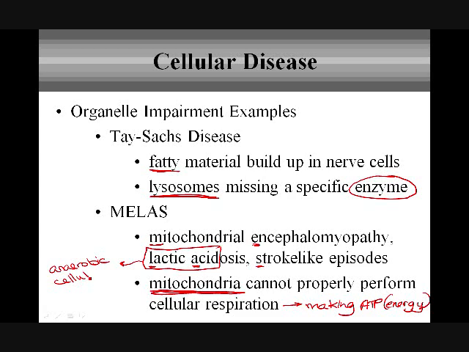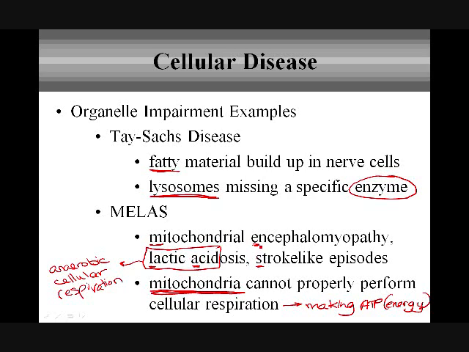We'll talk a bit more about this in the next chapter, but from biology, we talked about aerobic and anaerobic cellular respiration. Lactic acid is a waste product of anaerobic cellular respiration, and when the mitochondria isn't functioning properly, it's not able to properly dispose of the lactic acid that builds up, and therefore it is kind of stuck.